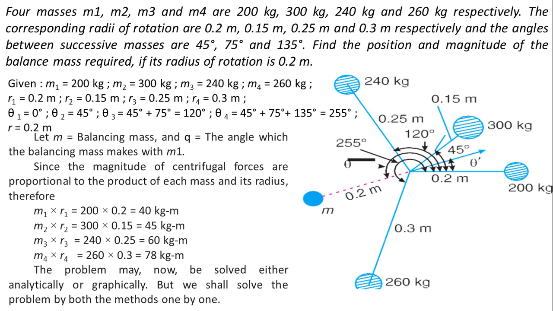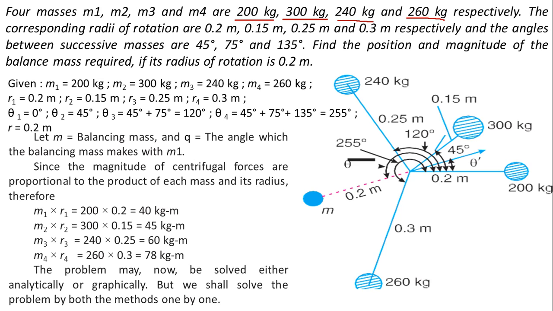Okay. So here in this problem you have got the 4 masses, m1, m2, m3 and m4. Okay. And the values of these masses are also given. So first mass is 200 kg, second one is 300 kg, then m3 is 240 kg and m4 is 260 kg. So the figure you can see.